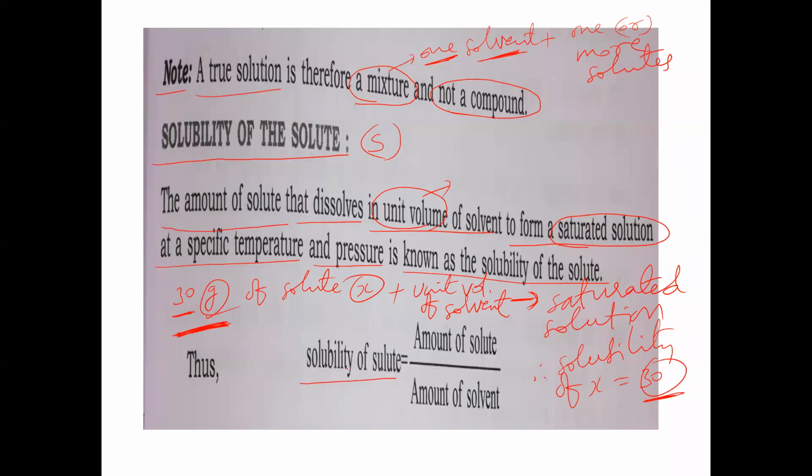Now see here, the solubility formula. Solubility of solute, S, is equal to amount of solute by amount of solvent into 100. Amount of solute in grams divided by amount of solvent in grams, into 100.